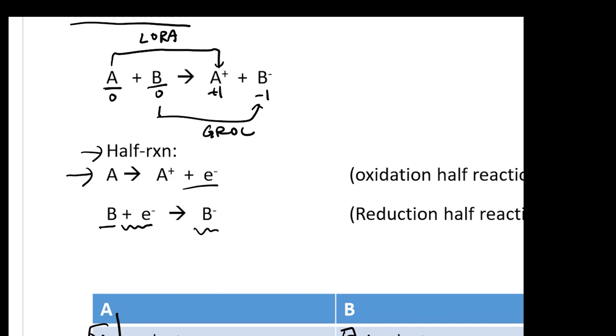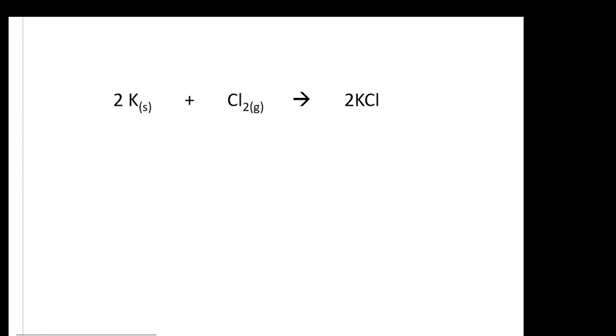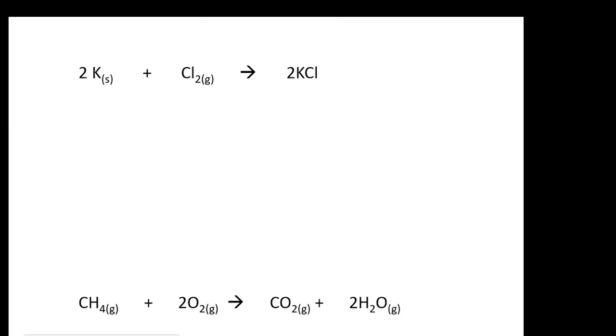But before we do that, I want to give you some more practice so you can identify who undergoes LORA and who undergoes GROC. Let's look at this: 2 potassium plus chlorine becomes 2 KCl. What is the oxidation number of potassium? 0, right? Because it's in its natural existing state. How about Cl2? 0. How about KCl?